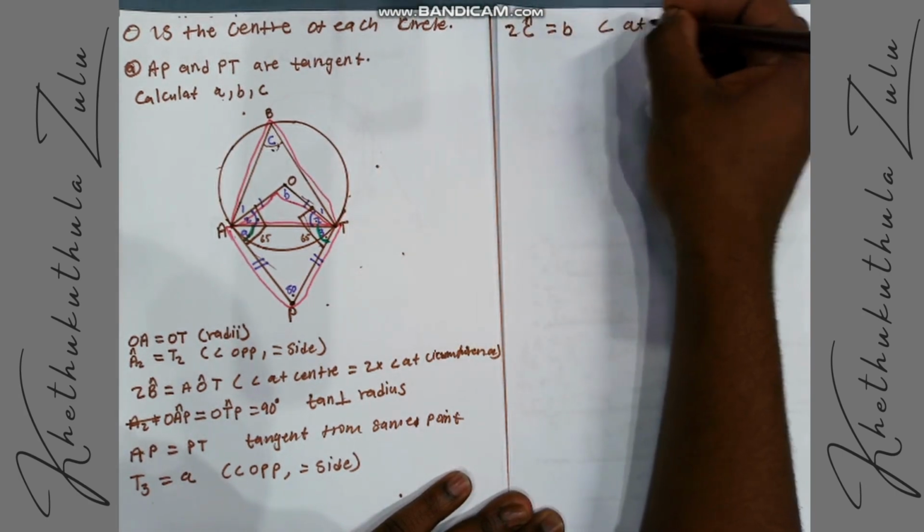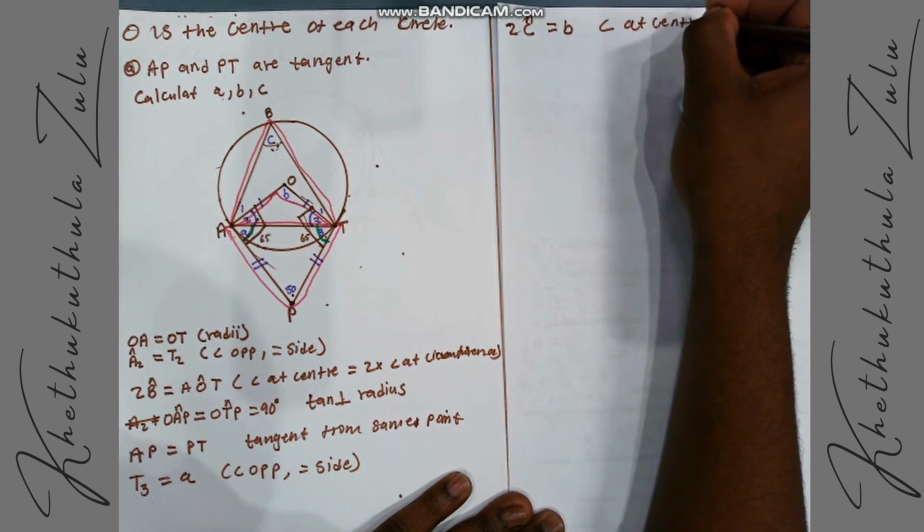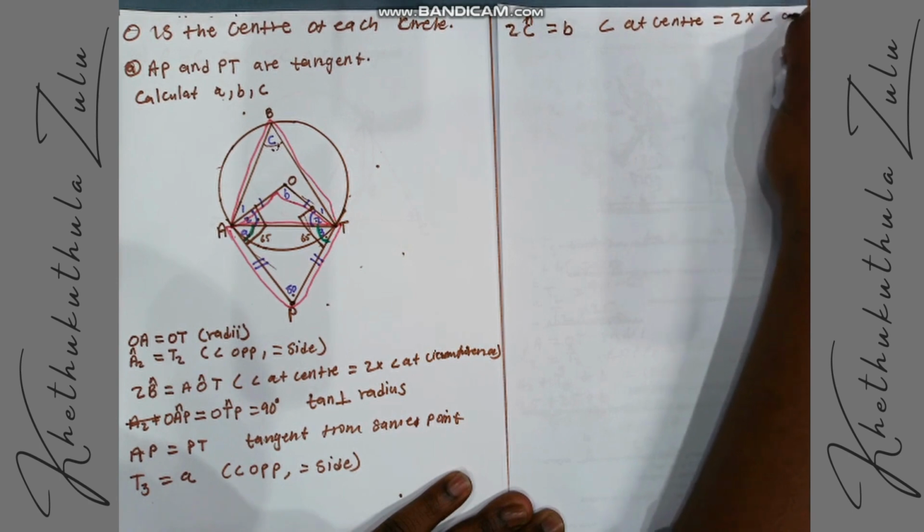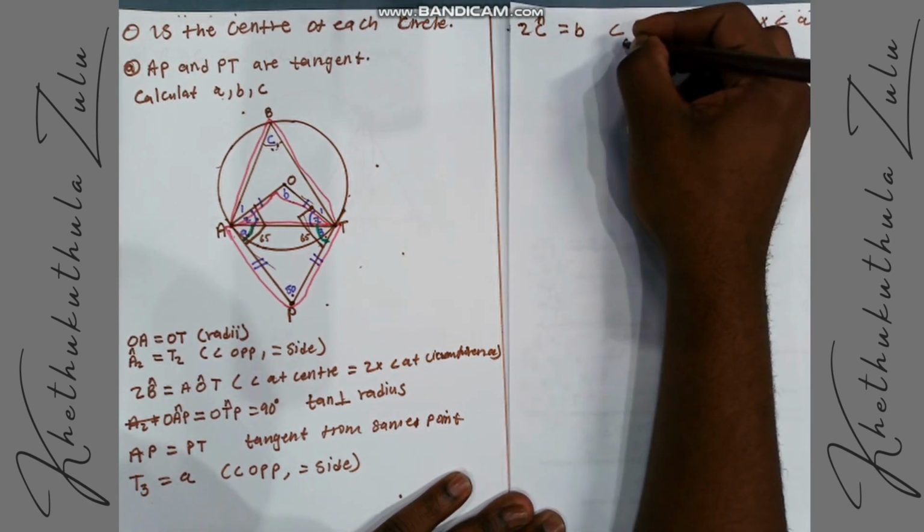Angle at the center is equal to 2 times an angle at the circumference.